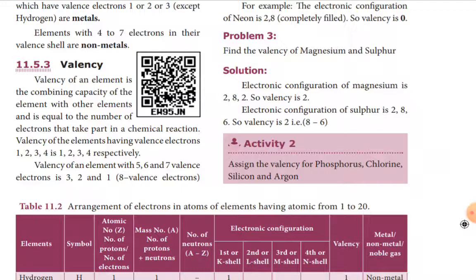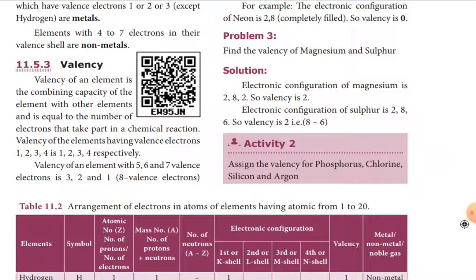So 2, 8, 7. During the chemical reaction, chlorine is going to gain 1 electron. So how many electrons are gained? 1 electron, since 8 minus 7 is equal to 1. It is electronegative in nature. So the valency is 1. Chlorine valency is 1.